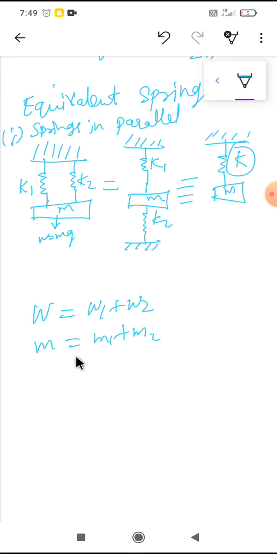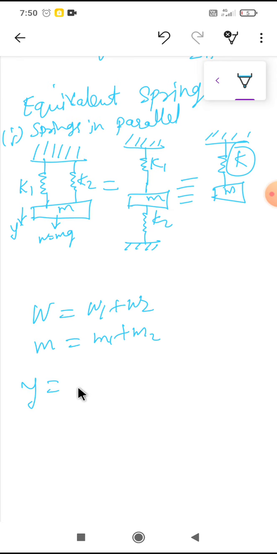Suppose this spring is moving in the downward direction and having some displacement, say y. The displacement of both will be the same, that is y.